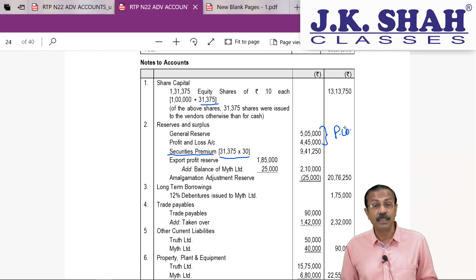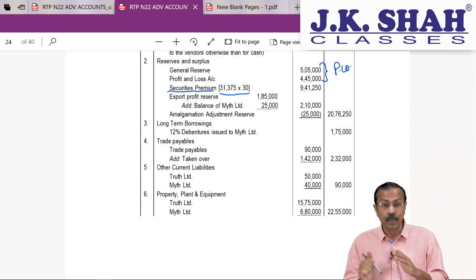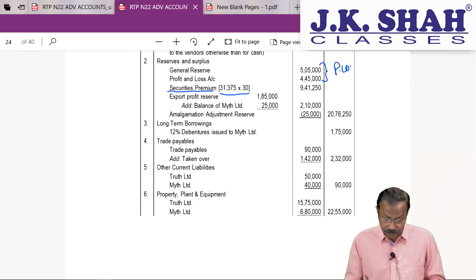Myth's reserves and surplus doesn't appear in your amalgamated company's balance sheet. It is purchase method, it is not merger method, remember. And remaining assets and liabilities, you simply have to go on adding, remember, and you'll get the figures.